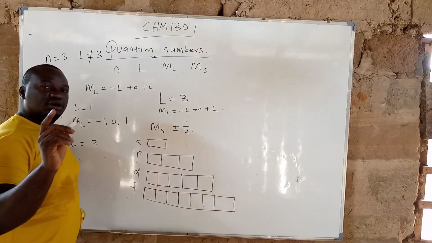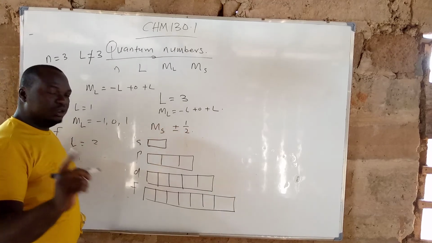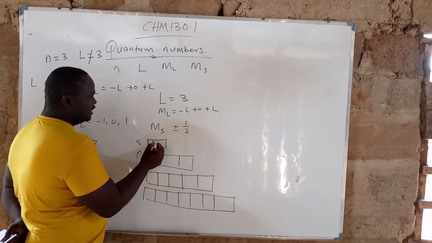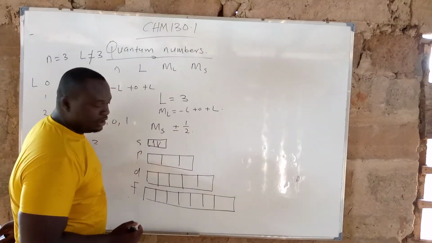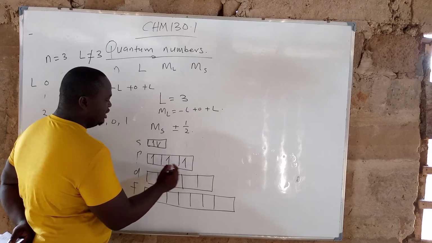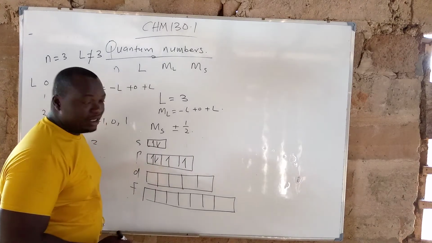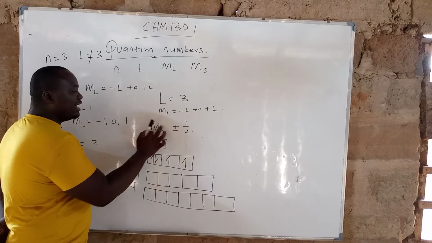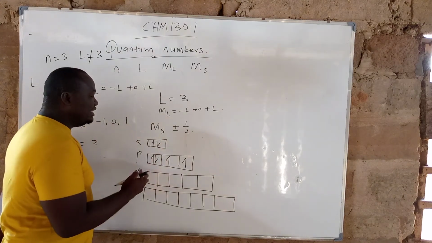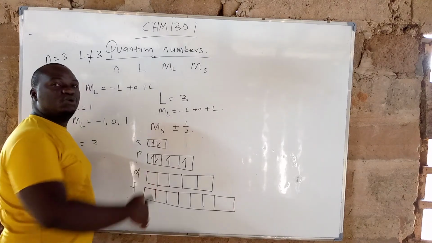Now, following the principle of Hund's rule, remember electrons will go singly first before what? Pairing. They will first enter singly before you start pairing them. The magnetic spin only wants to show us the arrow, either upward or downward.